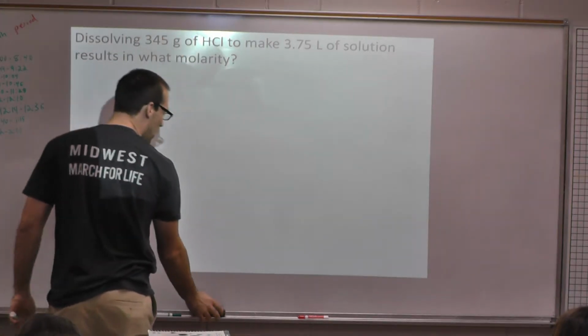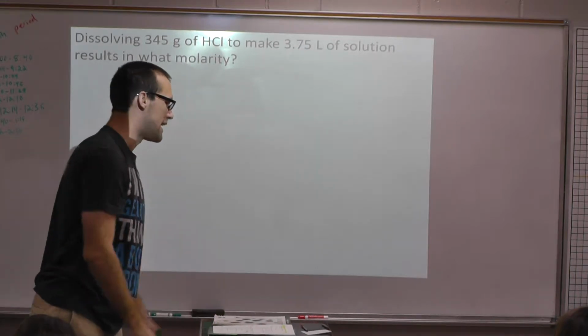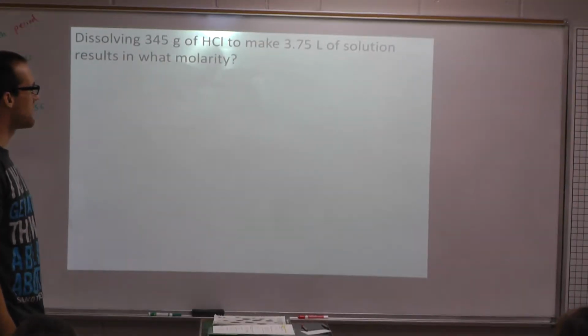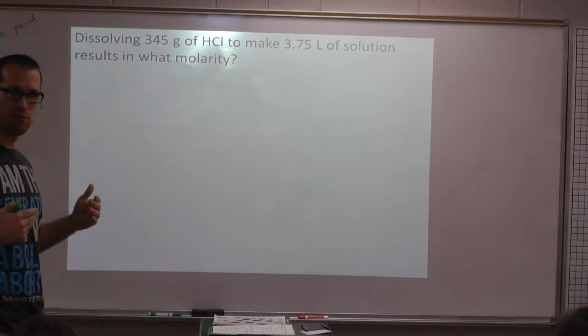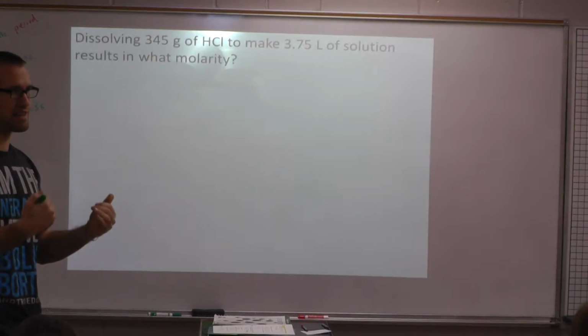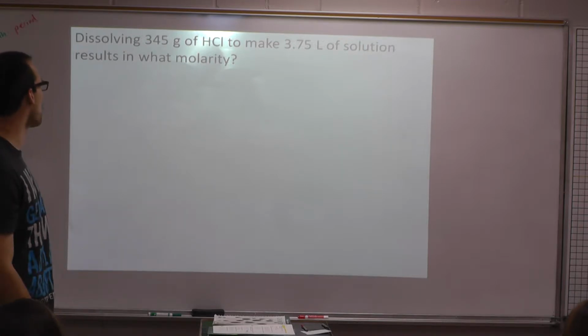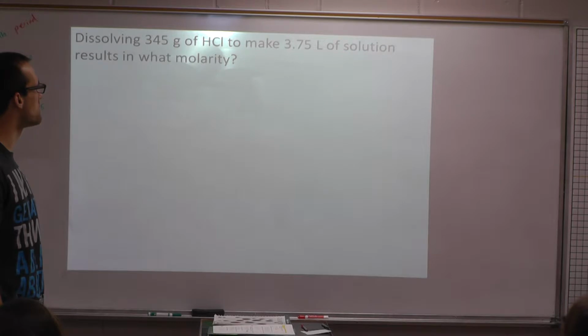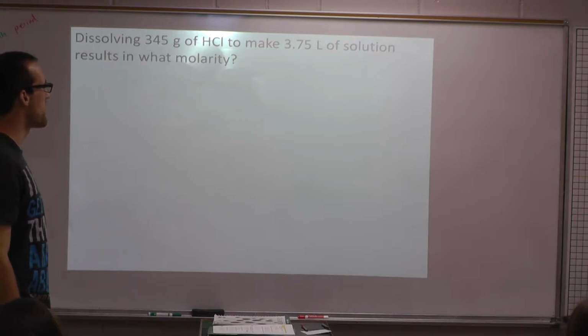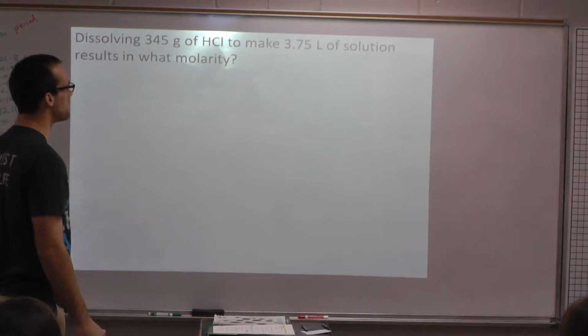There's actually quite a few ways to do these problems. So you've got to step back and plan out how you're going to solve this. Look at what you've been given, jot it down, and plan out what you're going to do. It says, dissolving 345 grams of HCl to make a 3.75 liter solution results in what molarity?